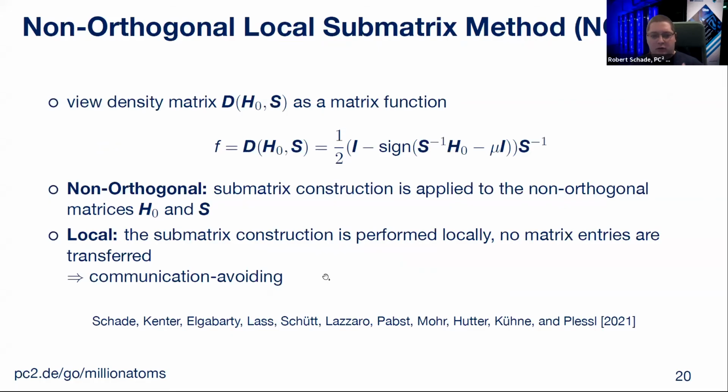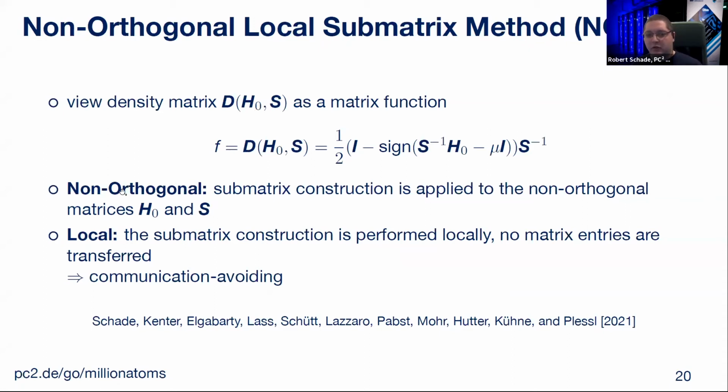Now to how it works underneath. Here, instead of just viewing the sign function as a matrix function to be approximated, we view the whole density matrix, which depends on the Hamiltonian H0 and the overlap matrix, as the matrix function to be approximated.